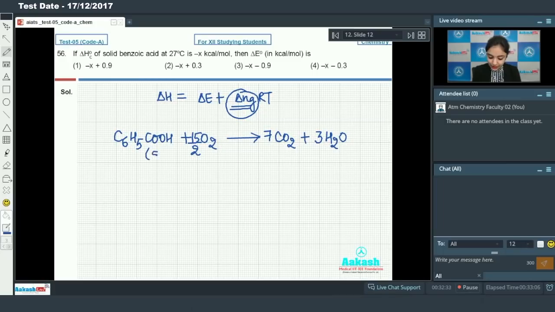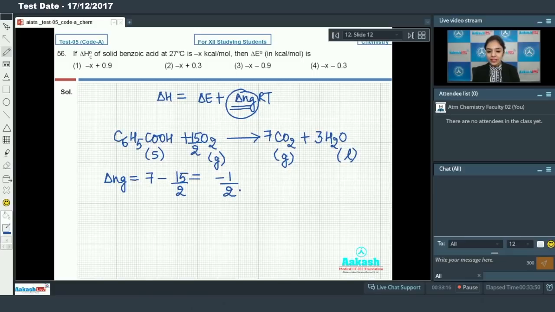Benzoic acid is solid and oxygen is gas, CO2 is also gas, and water is liquid at the temperature of 27 degrees Celsius. Now first of all calculate delta Ng. How many gaseous products are there? They are equal to 7 minus the number of moles of gaseous reactants, that is 15 by 2. So it is equal to minus half.